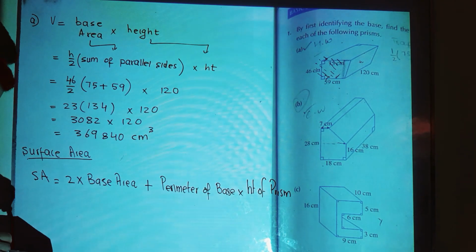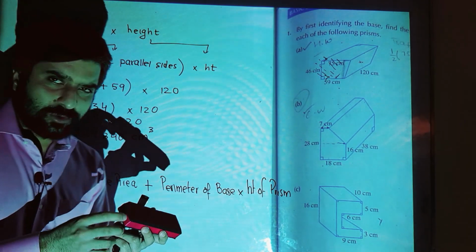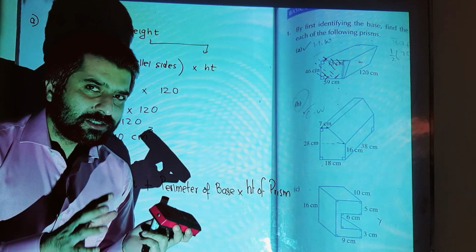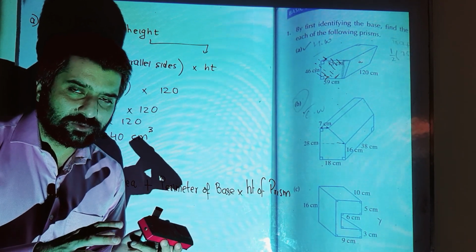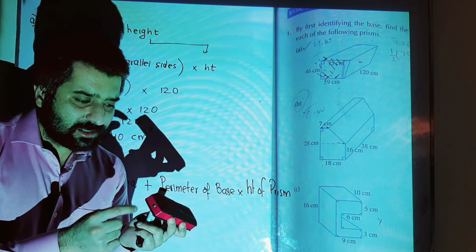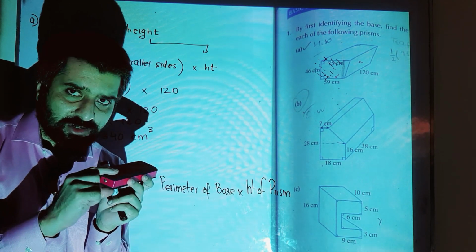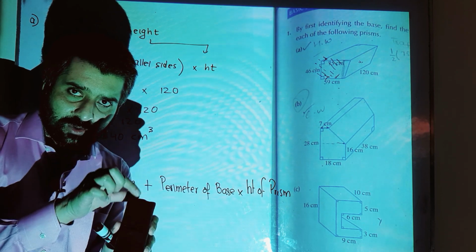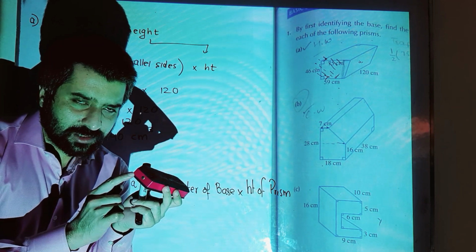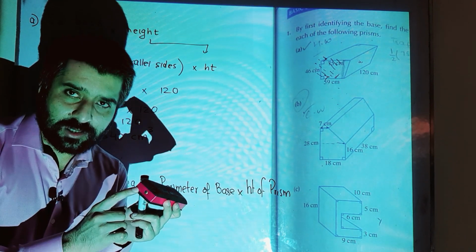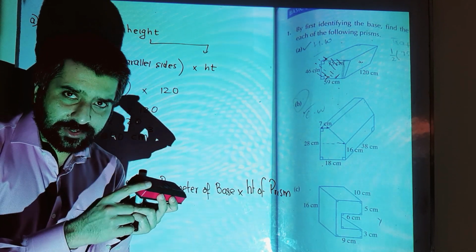Now what about perimeter of base? You have to identify your base first. That is the first step toward the solution. I have identified this shape as my base because it is traveling all along the length of this duster. Base perimeter means boundary.